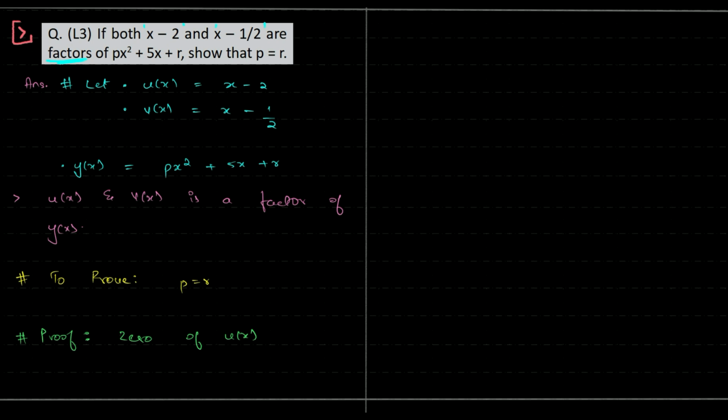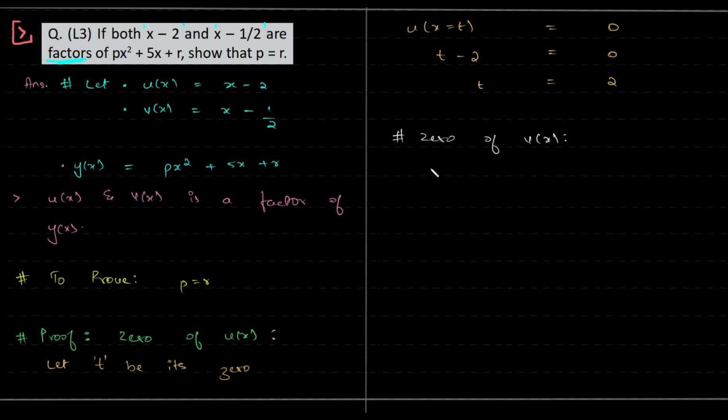For that, again I'll start off with, let t be its 0. That is, u of x when equated to t should be equal to 0. So t minus 2 will be equal to 0, so t is equal to 2. Also, we'll find the 0 of v of x.